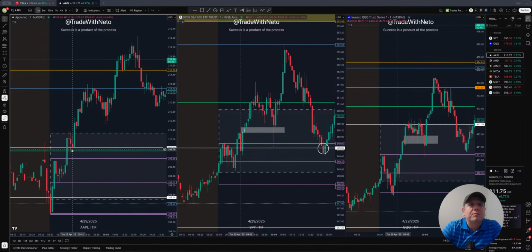And also what was happening here. So here on this breakout, what was happening on the indices. QQQ was bouncing from the bottom of the 5 minute range, and the SPY was actually bouncing from the bottom of the daily gap.